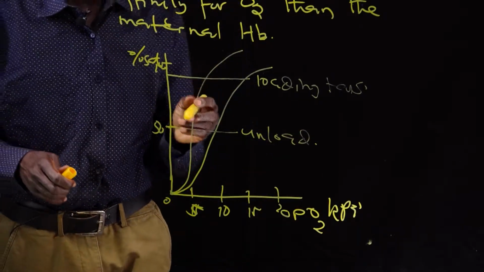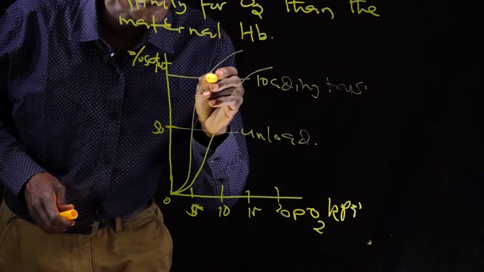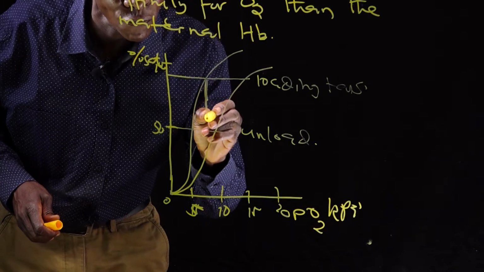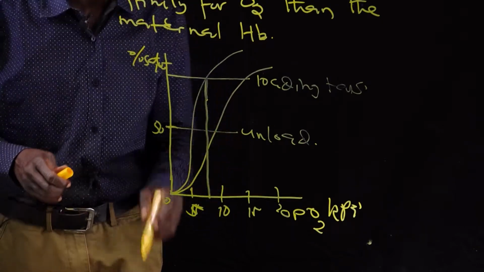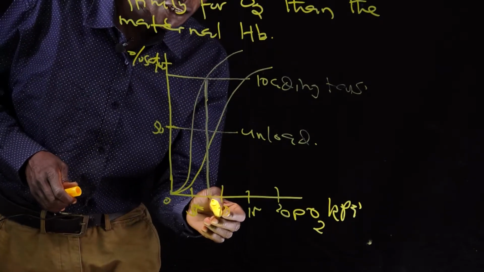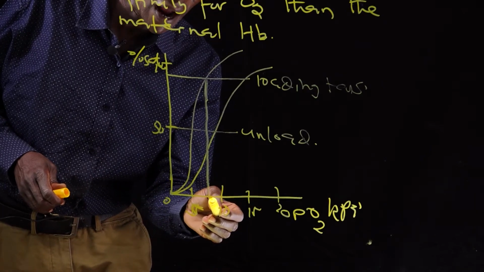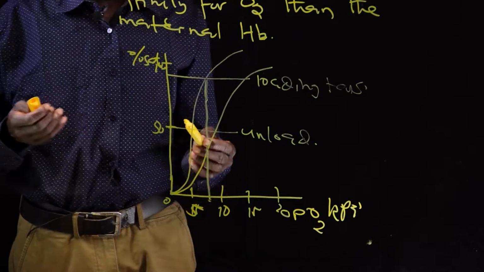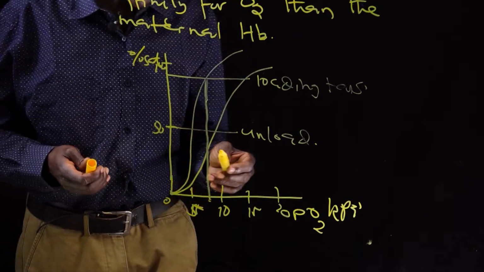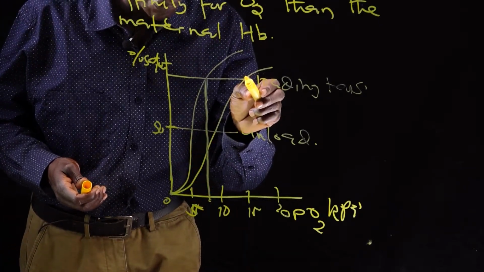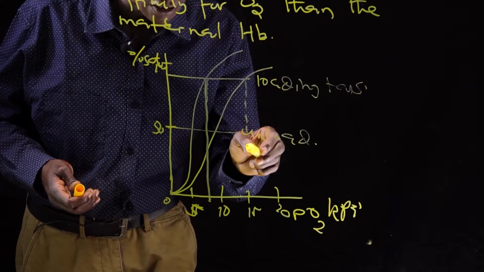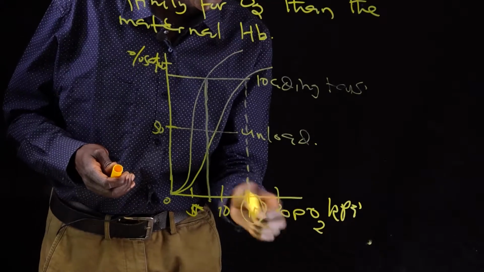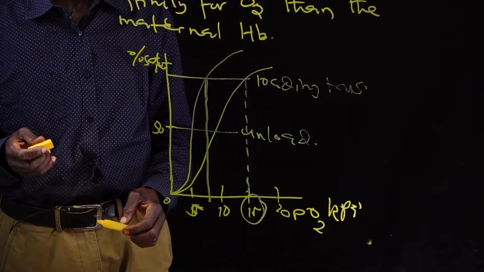this means that the fetal hemoglobin is capable of loading oxygen, even if the tension is as low as maybe 7 kilopascals, while the maternal hemoglobin will load oxygen when its tension is as high as maybe 15 kilopascals.